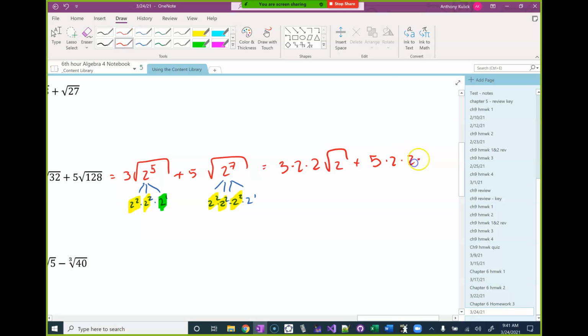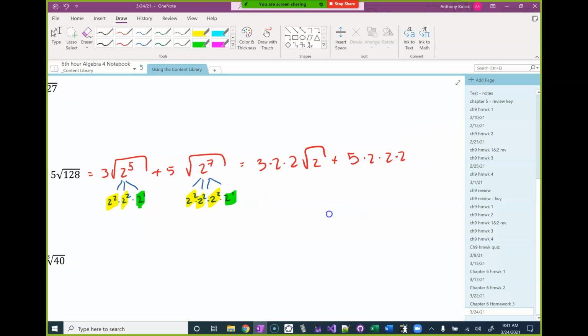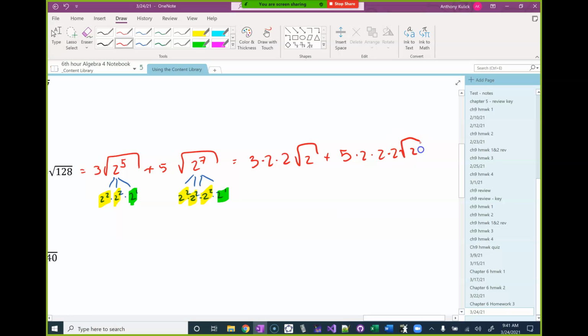So I have 3 more 2's out front. And then I have the 1 2 left over that has to stay. So then if I multiply this out, I have 12 root 2 plus, which is 52 root 2's. No problem.